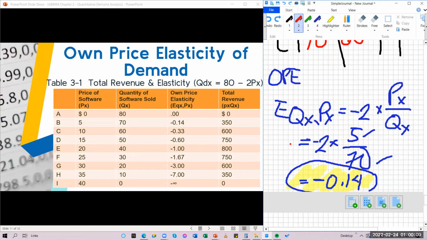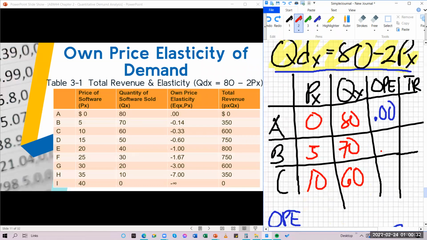The absolute value is 0.14, which is lesser than 1, so this is an inelastic demand. Anything below 1 is inelastic demand. So we have it here. We'll put negative 0.14 here.